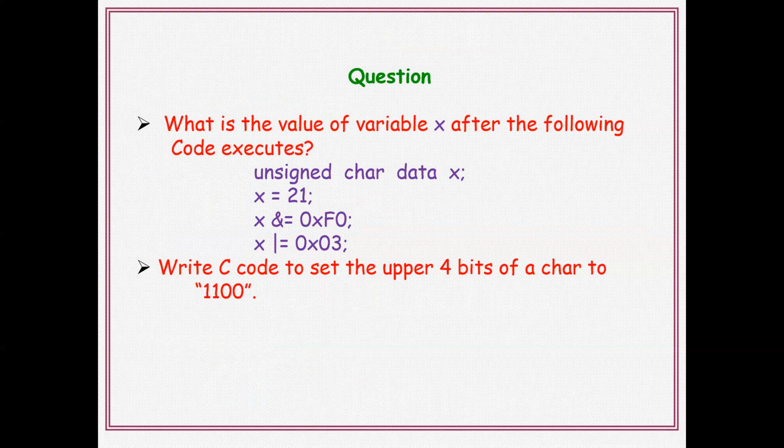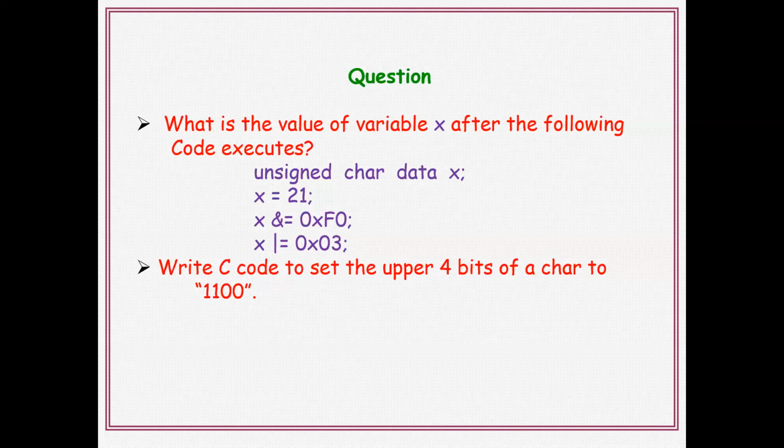Here is one question. What is the value of variable x after the following code executes? Unsigned char x equal to 21. After that, x equal to x logical AND with 0xf0, and x equal to x logical OR with 0x0.